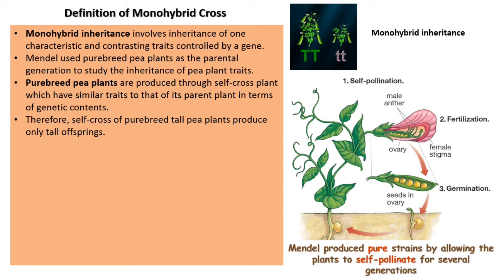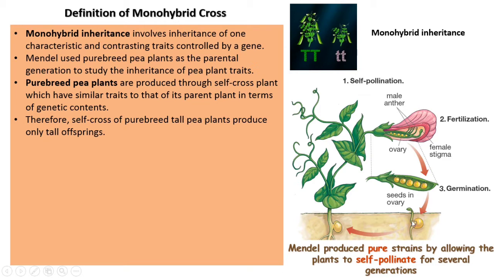Mendel menghasilkan purebreed pea plant ni melalui satu proses dipanggil self-pollination. Contohnya pokok tinggi, purebreed plant dihasilkan melalui self-pollination, kacukan sendiri. Jadi apabila kacukan sendiri tu macam biasa akan ada pollination, lepas pollination akan ada fertilization, lepas tu germination. Pendebungaan, persenyawaan dan percambahan biji benih.